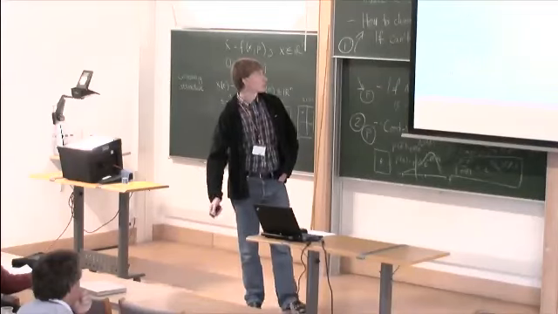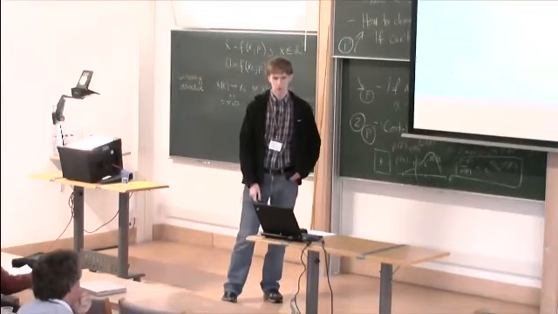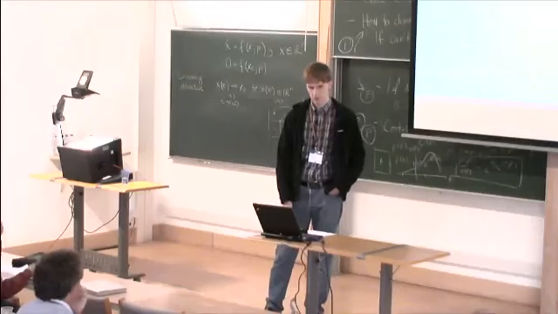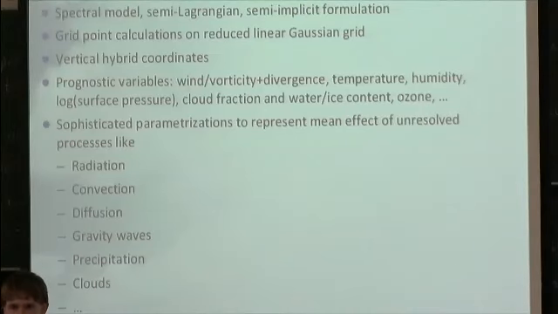Yeah, the atmospheric model is a spectral model with semi-Lagrangian advection. It's a semi-implicit time-stepping formulation. The grid point calculations are done on a reduced Gaussian grid, and in the vertical we use hybrid coordinates which are following the orography at the lower levels and then go to pressure levels higher above.